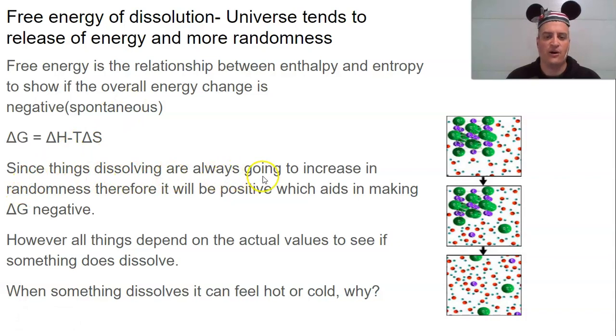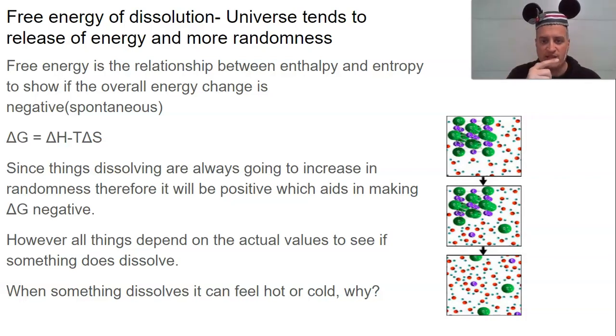Since things dissolving are always going to be an increase in randomness, S is always going to be positive for something dissolving. This aids in making delta G negative. So keep that in mind. Just think about this in concept. If something will dissolve, delta S is always positive, which puts us in a great area for delta G being negative. And remember, delta G being negative means the salt will dissolve.